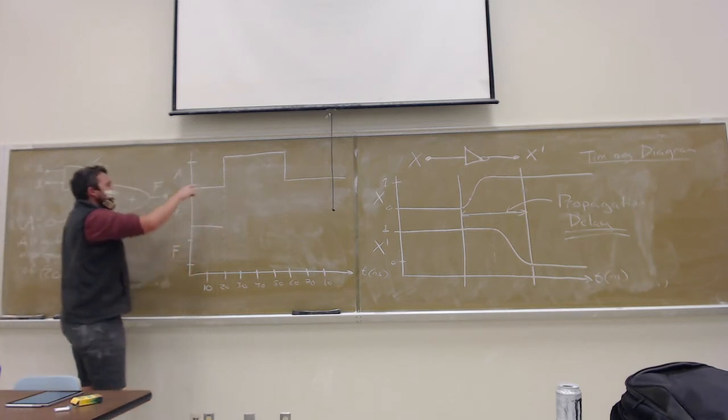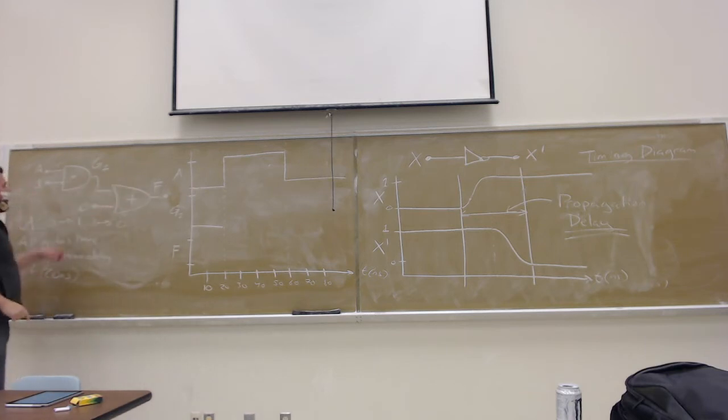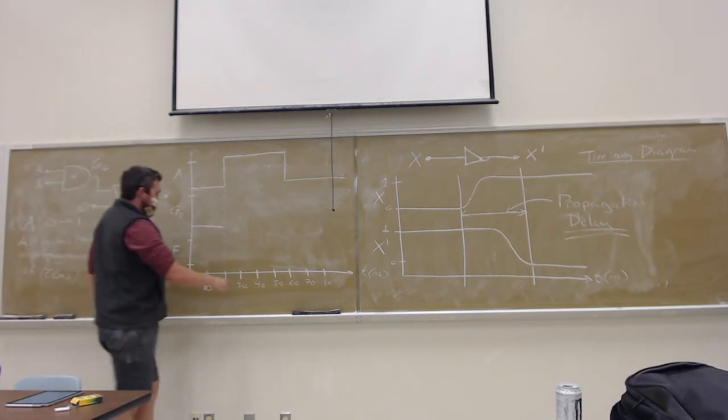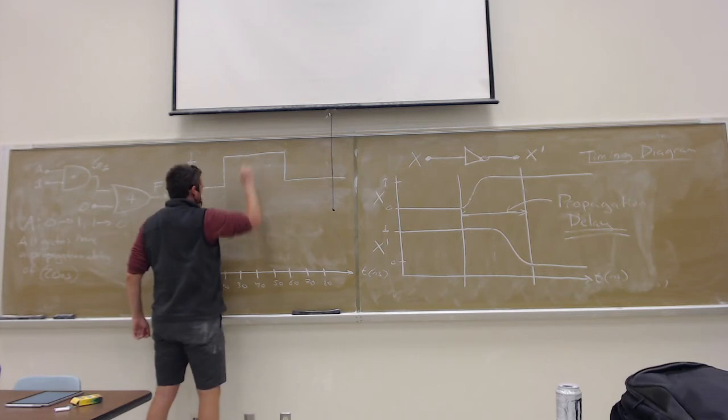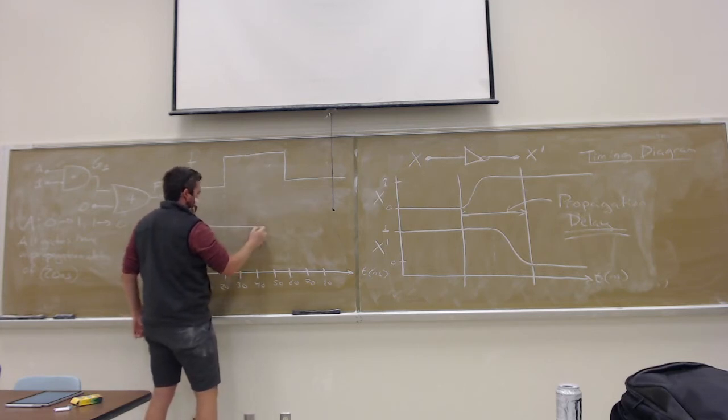Now when A transitions from 0 to 1, the input is 1, 1, so the output of gate 1 is going to be 1. But the catch is, there's a propagation delay, 20 nanoseconds, which means that that transition for gate 1 won't occur until 40 nanoseconds.